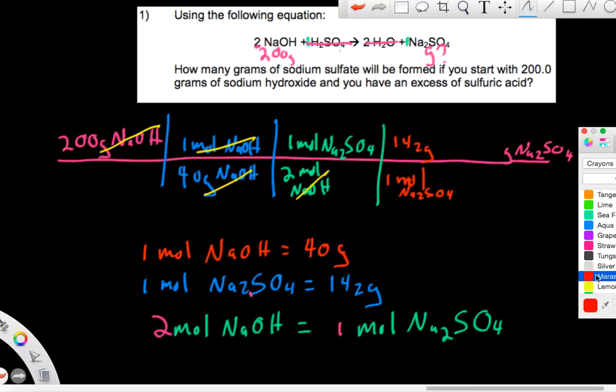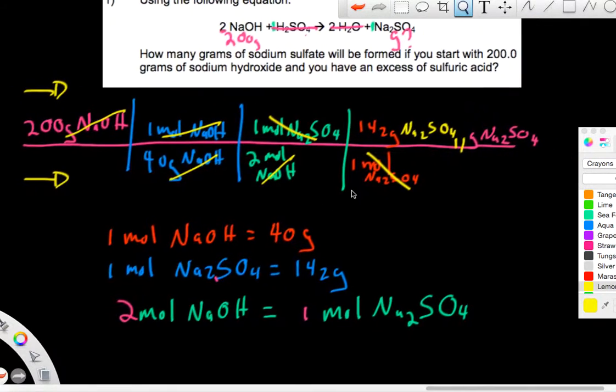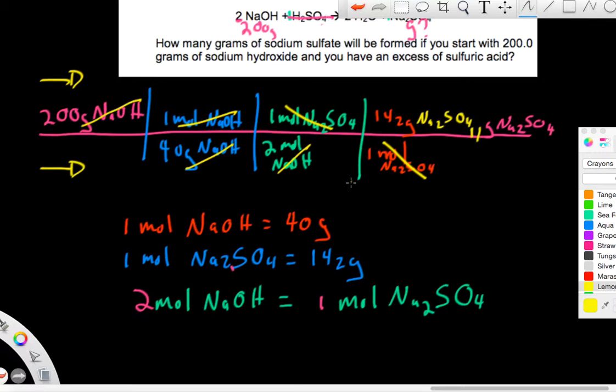And then again, my mole Na2SO4 cancels, and I'm left with grams of Na2SO4, which means I'm done. Now I just have to multiply across the top, multiply across the bottom, and divide my top answer by my bottom answer.